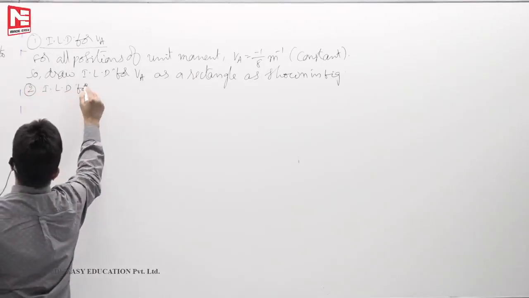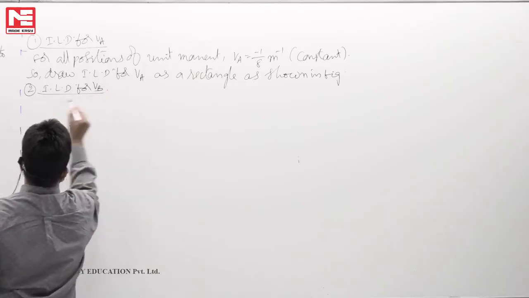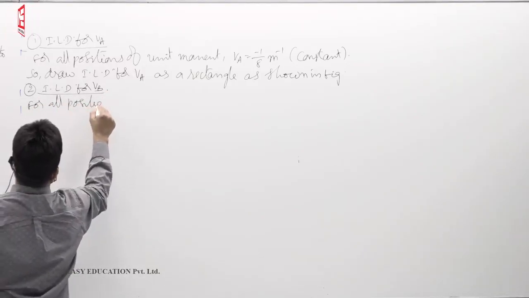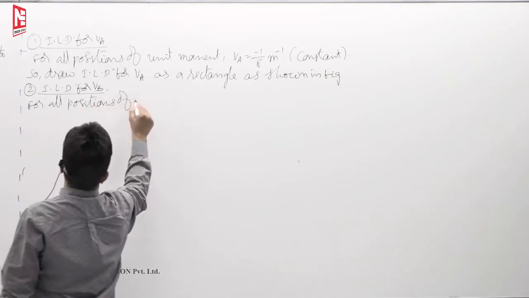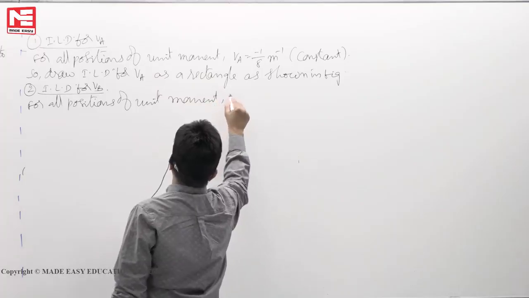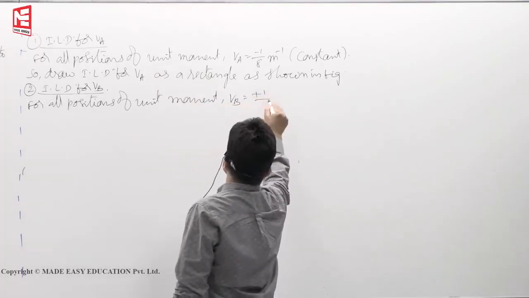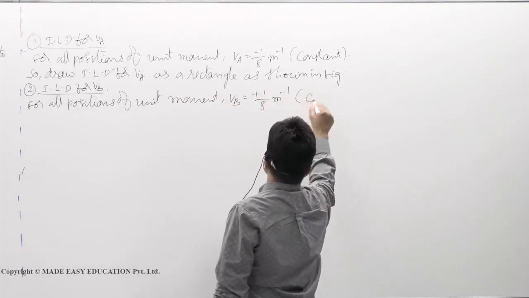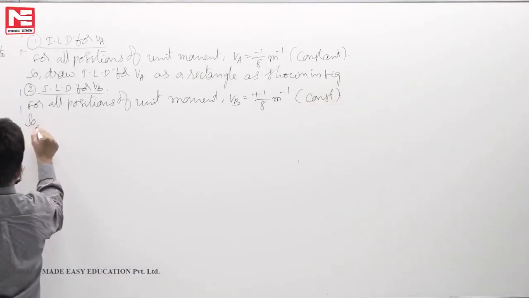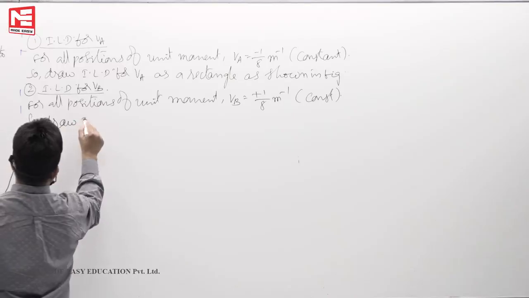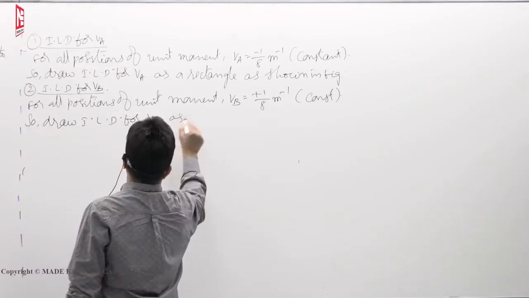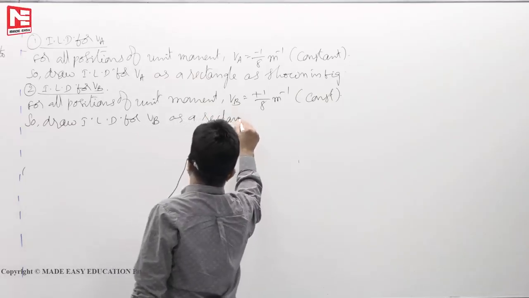Next, ILD for VB. For all positions of unit moment, VB is equal to plus 1 by 8 meter power minus 1, again constant. So, draw ILD for VB as a rectangle.